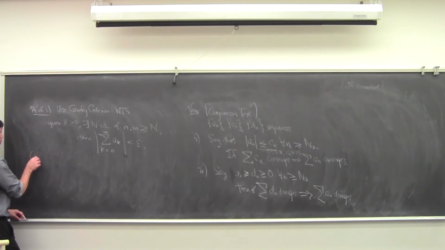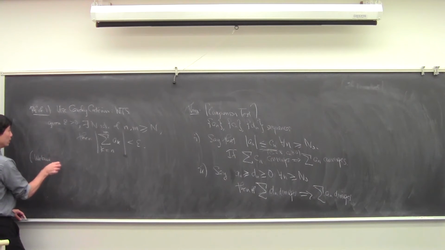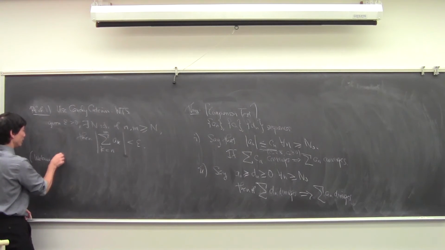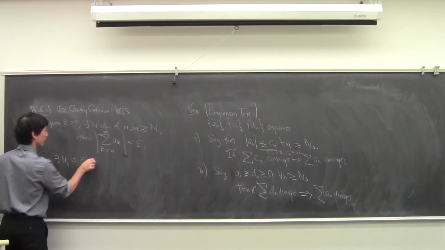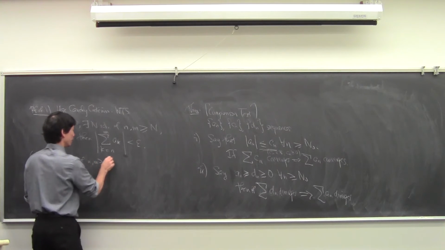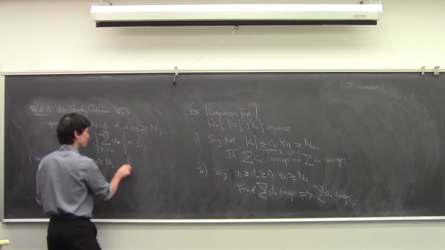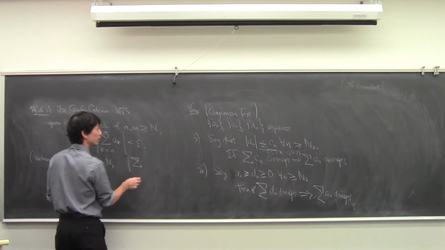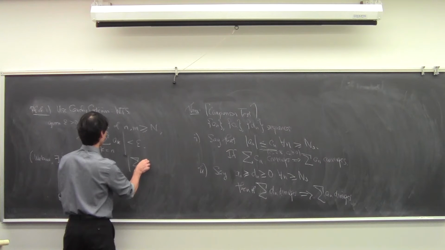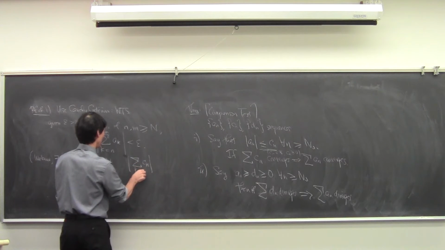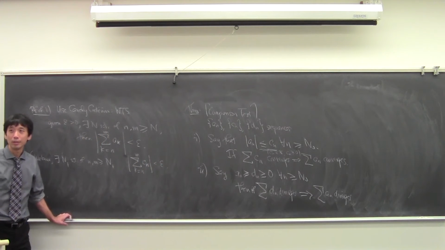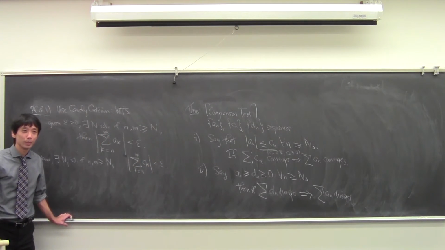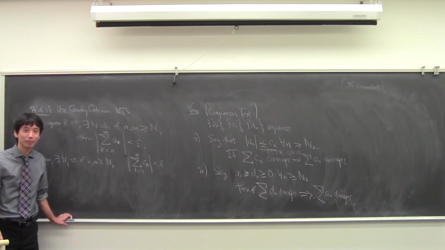So we know that there exists some n1, say, such that if n and m are bigger than n1, then the absolute value of the sum of the C sub k from k equals n to m is smaller than epsilon. Right? So what do we do?